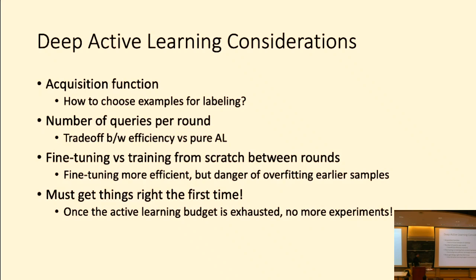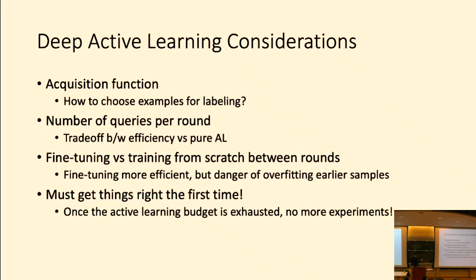If each round requires that we retrain our model, then if we sample our examples one at a time, this might take forever. On the other hand, if we grab a large number of queries, we might grab redundant queries. It might be that the model just picks 10,000 examples that all convey the same information. So we have a trade-off between efficiency versus doing the pure active learning thing.